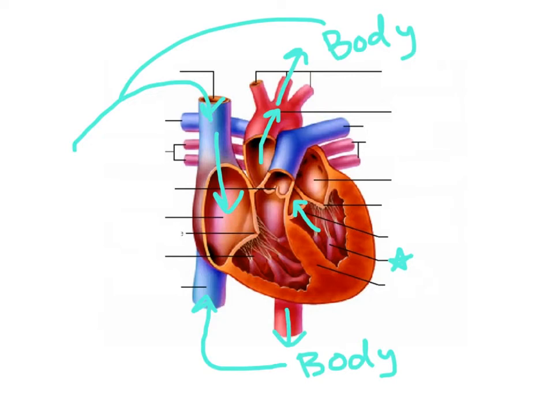Then after the right atrium, it goes through the tricuspid or right AV, atrioventricular valve. And then it gets placed into the right ventricle here. After the right ventricle, it gets pumped through the pulmonary valve to the pulmonary arteries. Remember, arteries take blood away from the heart. So it's going to go out, both of these, to the lungs.